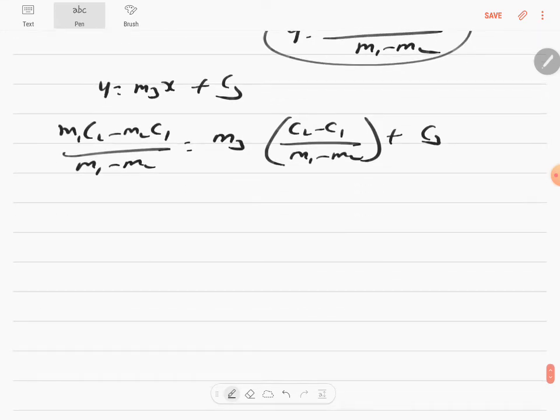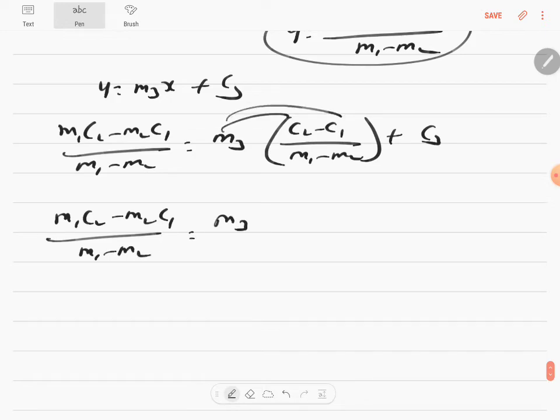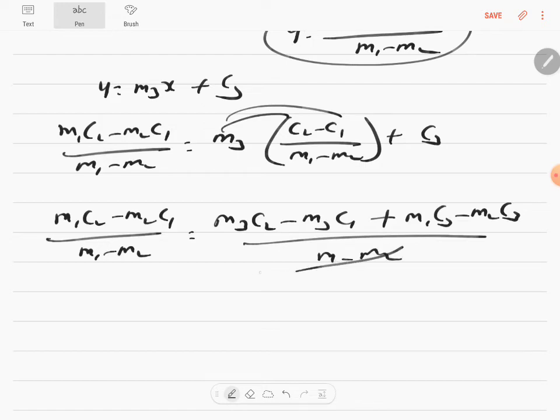Just solve this. m1 c2 minus m2 c1 by m1 minus m2 is equal to, take it in, m3 c2 minus m3 c1 plus LCM m1 c3 minus m2 c3 by m1 minus m2, where m1 minus m2 get cancelled.